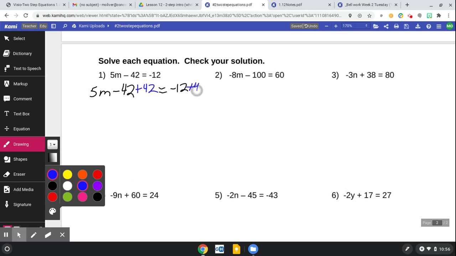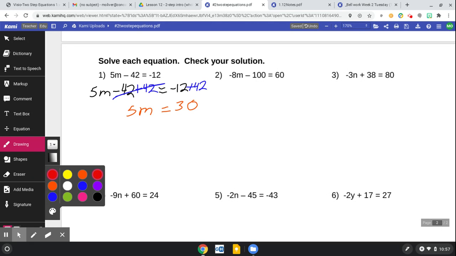Now, you have to follow those integer rules. Same signs add and keep, different signs subtract. So I have different signs here. Okay, so I have my 5m equals, well, 42 minus 12 is 30.